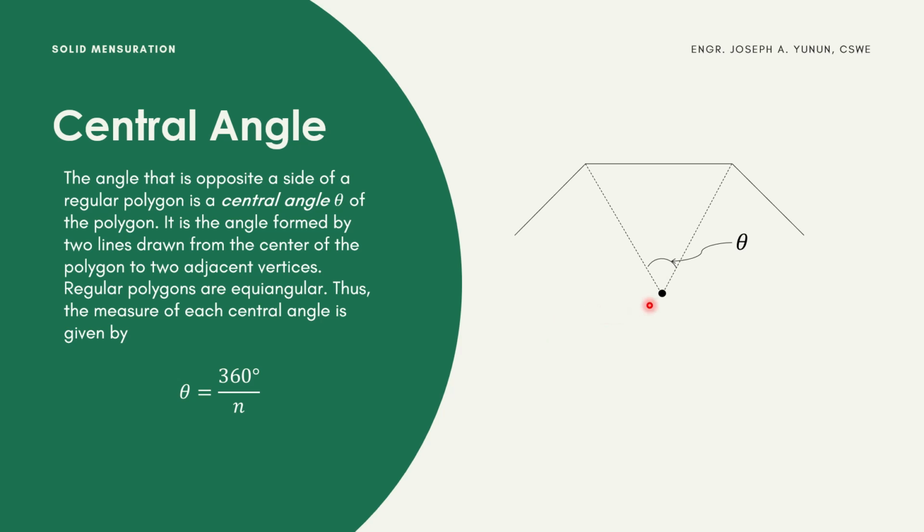So from the center of the given polygon, lines are drawn connected to the two adjacent vertices, vertex 1, let's say vertex 2. Similarly, if there's a vertex here, you could draw a line connected to that vertex, then the central angle will be given here. So for clarity, I didn't draw the whole polygon.